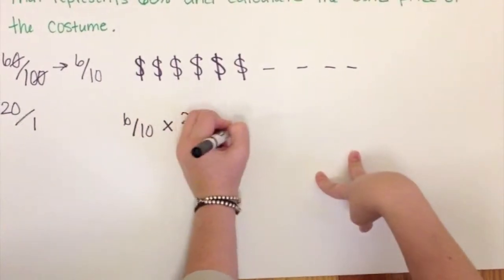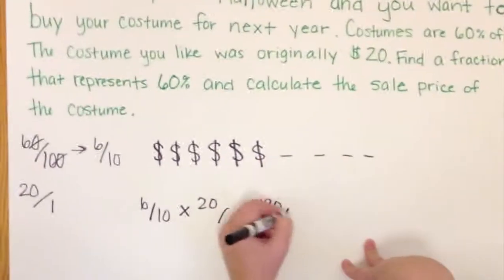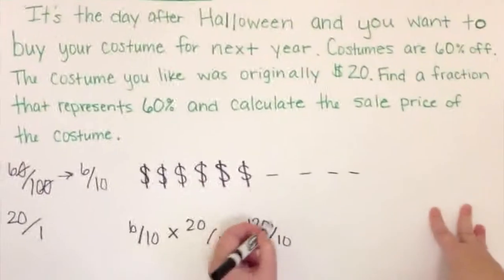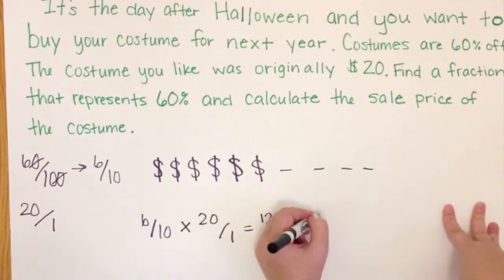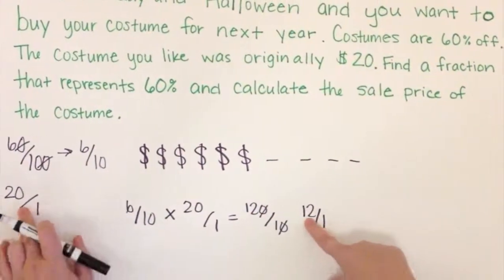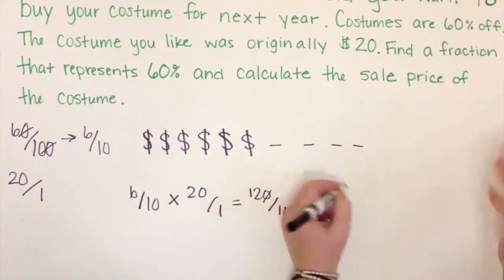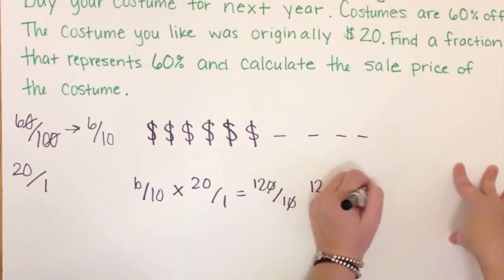You multiply straight across: 6 times 20 is 120, over 10. This reduces down to 12 over 1. And any number over 1, you can just get rid of the 1 because it's just divided by 1. So we have $12.